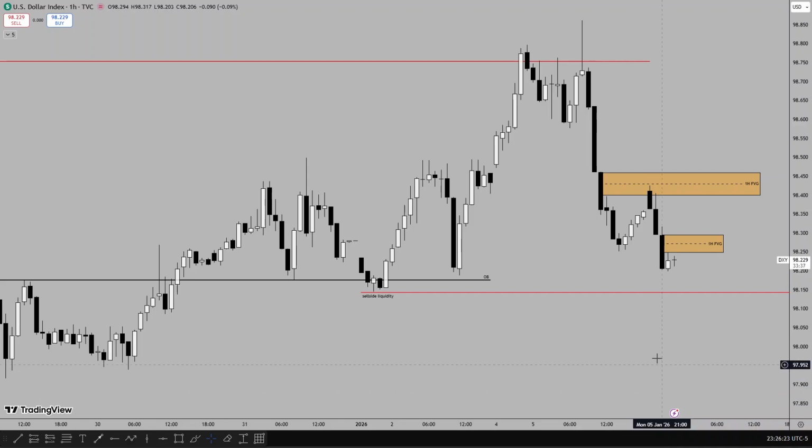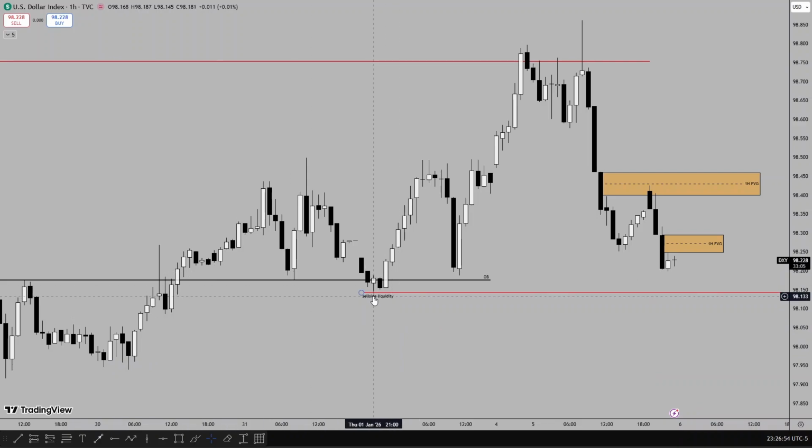So on the 1 hour time frame of the dollar index, the opening price opened inside a 1 hour fair value gap, respected the 1 hour fair value gap, and traded lower during the Asian session, taking out previous candles' lows. So you can see the trend is still aligned with the idea of price taking out Friday's low, taking out Thursday's low, and there's still Tuesday's low if price was to take out the sell side liquidity.